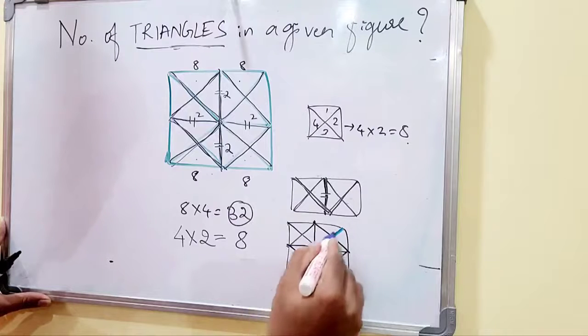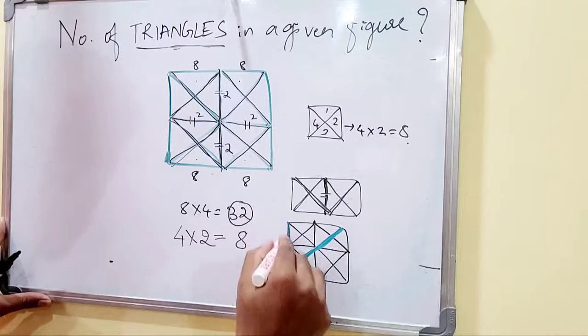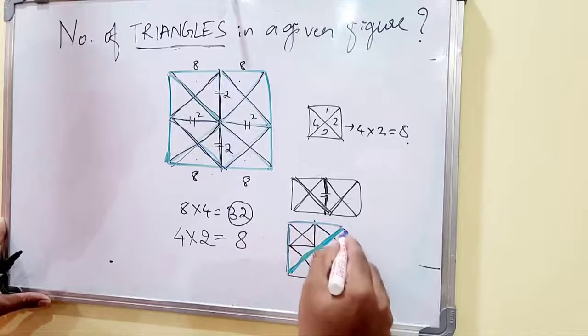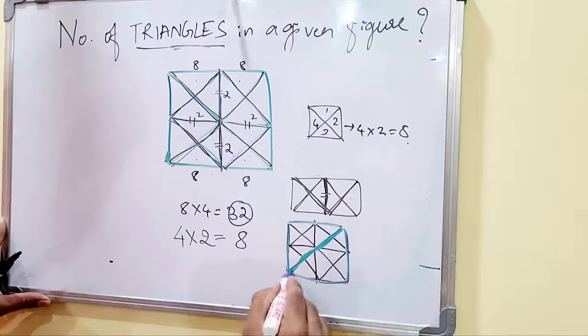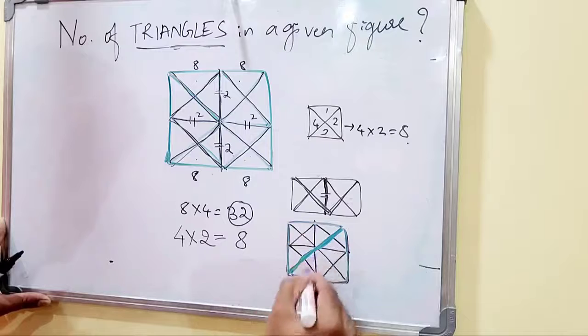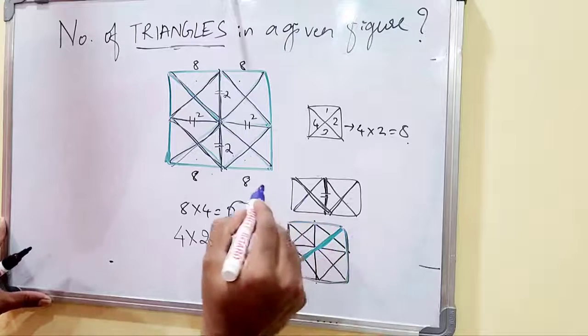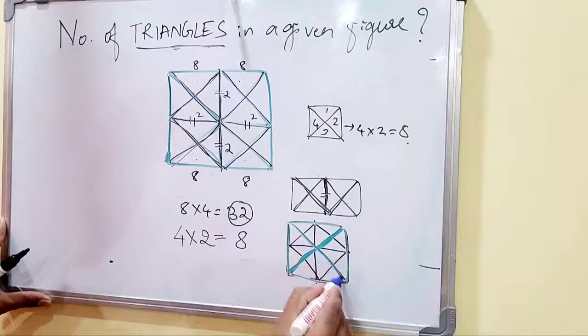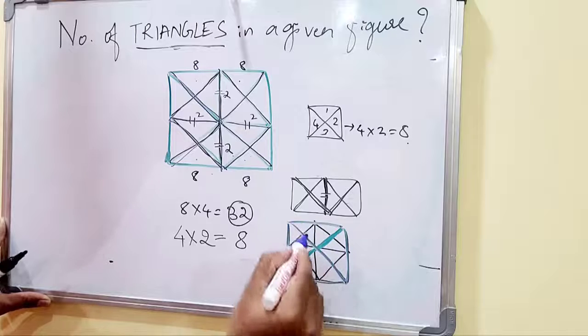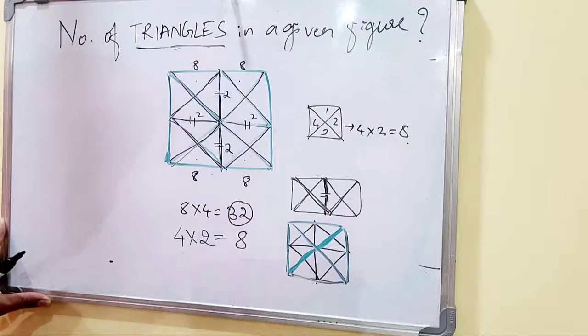The diagonal in this figure contributes two triangles, 1 and 2, 1 and 2. Similarly, there is another diagonal here. This contributes two triangles, 1 and 2.